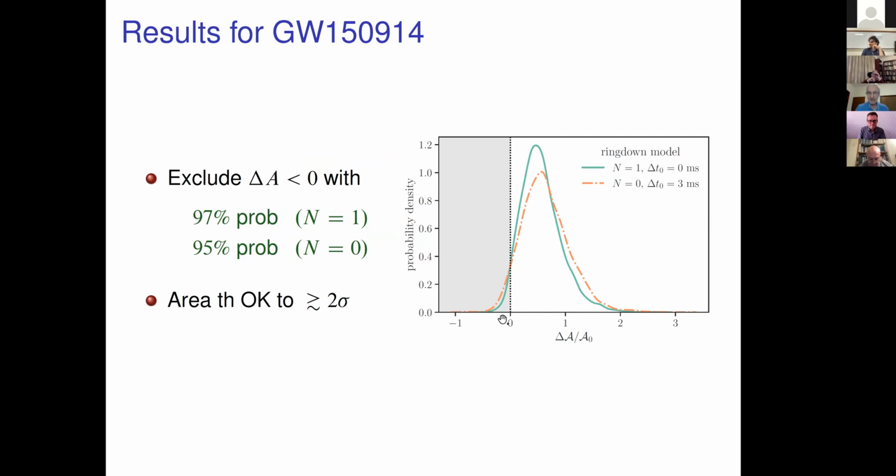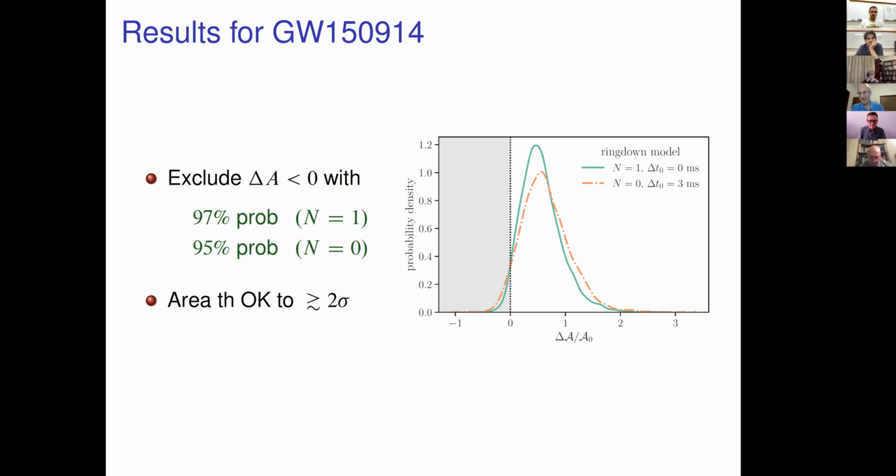So we can claim that the area theorem is valid empirically just from LIGO data at the 97% probability level, right? Better than 2 sigma. So again, I don't want to make too much of fundamental importance here, in the sense that I don't know how many people in the audience thought there was some serious probability that this theorem would be violated.